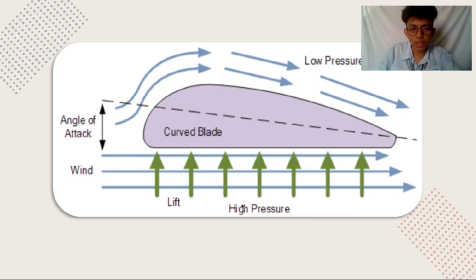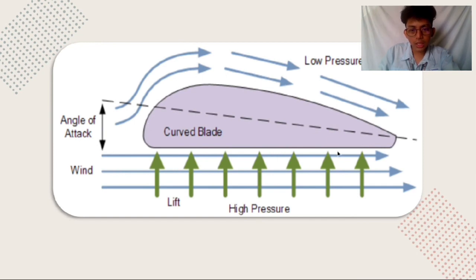So, first na tatama ang hangin sa less curve and pupunta ito sa more curve. So, high pressure pushes the air, from high pressure pupush na yung blade papunta sa low pressure. So, tatama sa less curve, papush sa more curve.